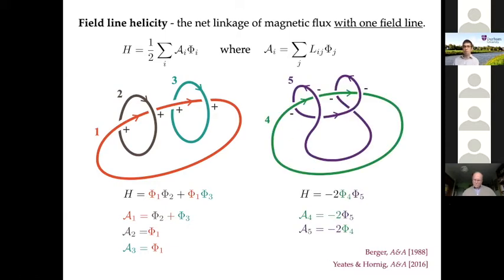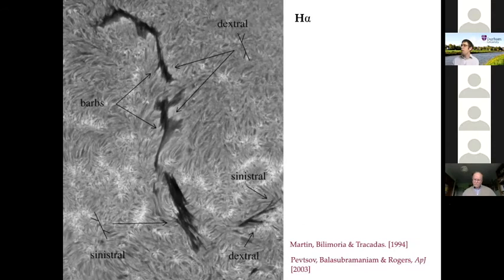There's the other example. So what I did in my thesis was to try and compare this model to observations of filaments. And the idea here was that you can actually tell the helicity, or at least the sign of helicity of a filament, by looking at its spatial structure if you have high enough resolution observations.